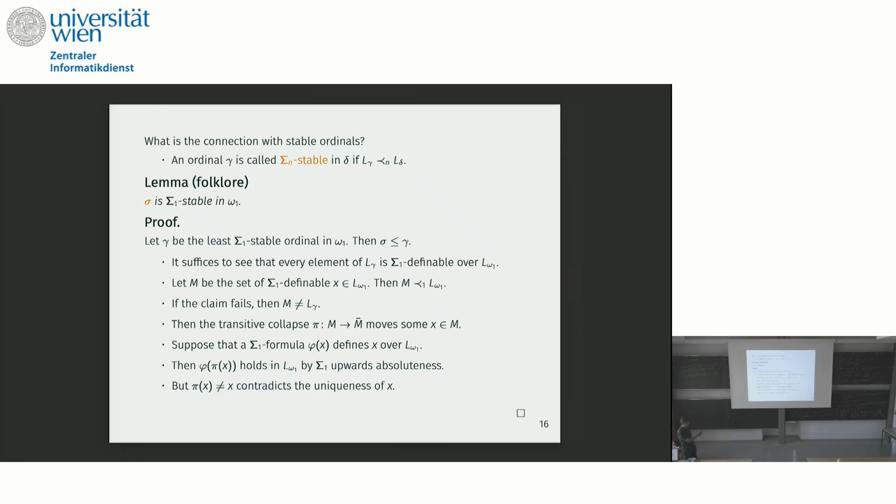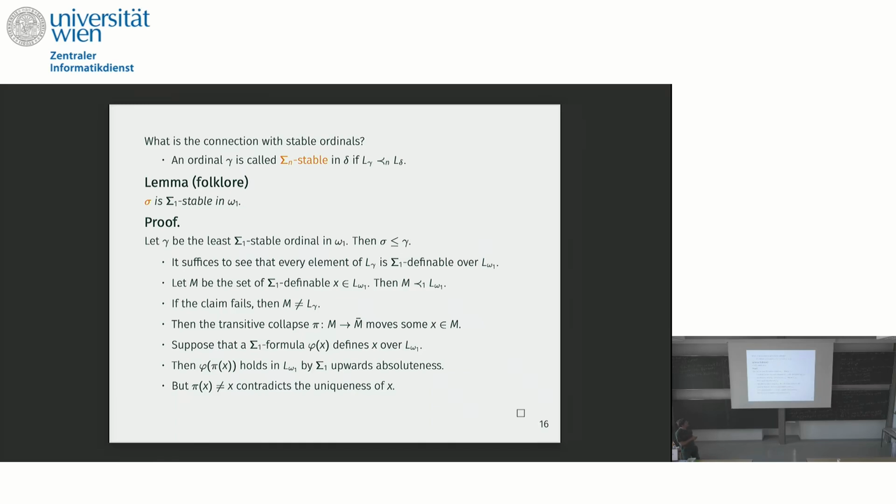Well, okay, since I have it here, I'll explain how. It's very simple. First of all, this ordinal clearly is elementary, so it satisfies Tarski's test.